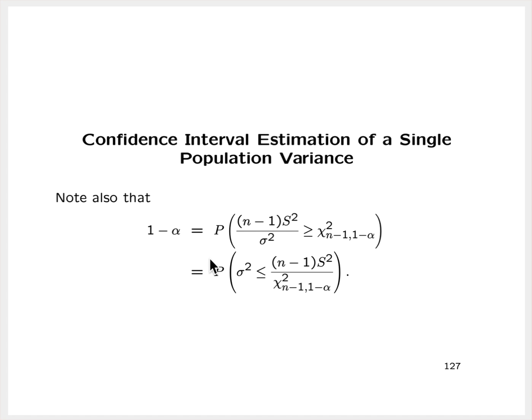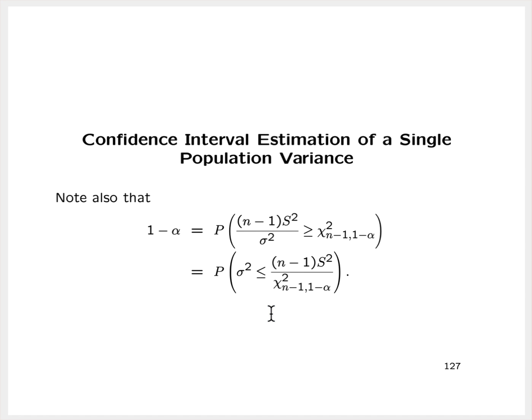And so we can, again, rearrange the terms in this inequality to get sigma squared all by itself. And so this gives us that the probability that the population variance is less than or equal to this quantity is 1 minus alpha.